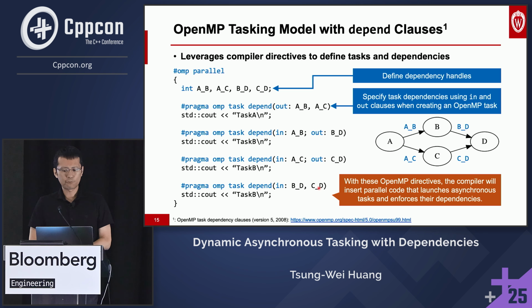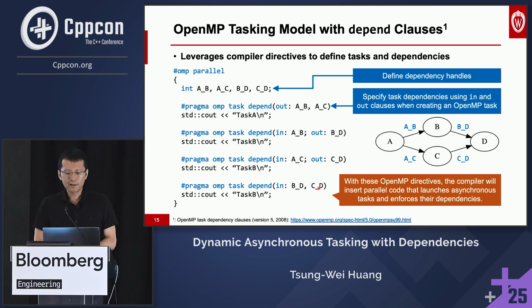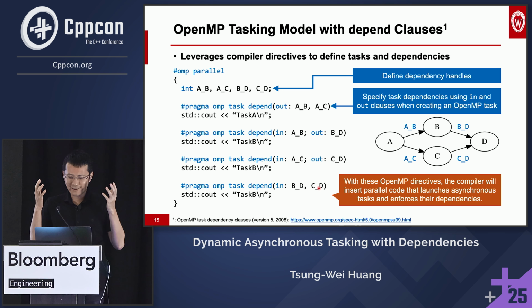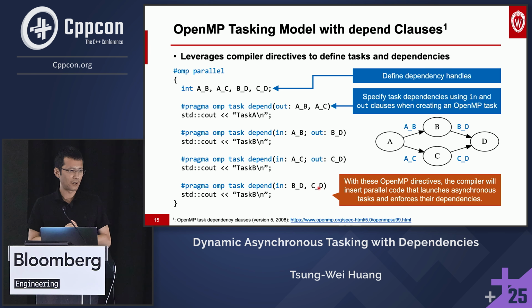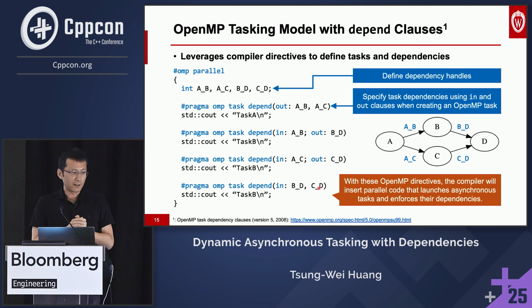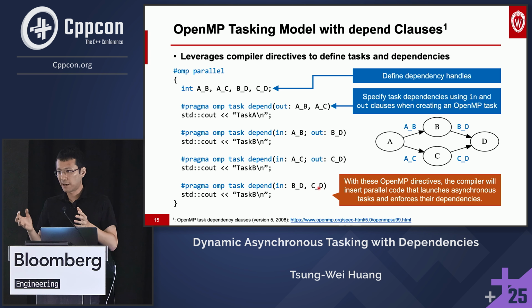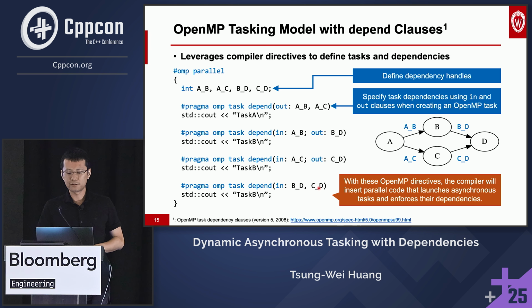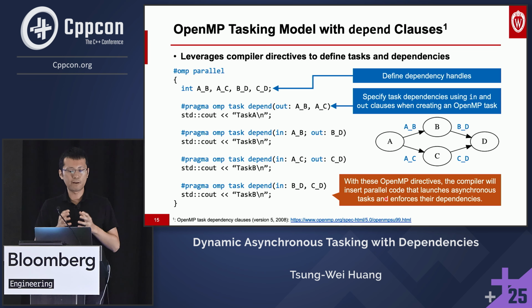So with these OpenMP directives, the compiler is smart enough to automatically insert parallel code for you. You don't have to write any parallel code. Essentially, this parallel code generated by the compiler will launch asynchronous tasks and properly enforce their dependencies for you.